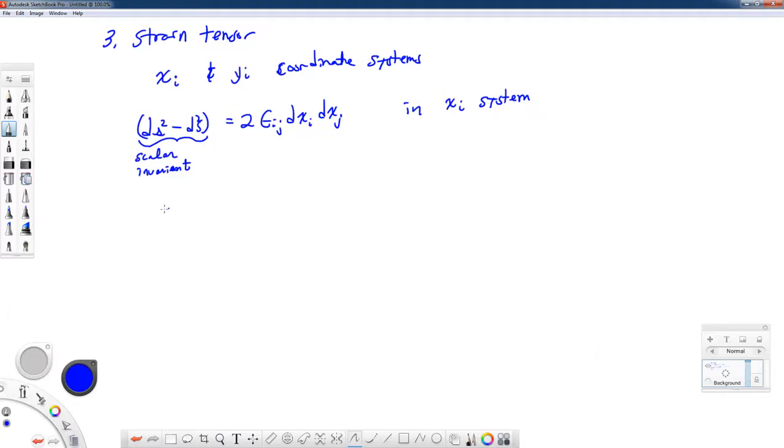So we could have just as easily said that the difference between these two square of the lengths terms is equal to some other coordinate system tensor components in the other coordinate system, 2 E mn dy m dy n. So capital E I'm using here is the strain tensor in the y sub i system.